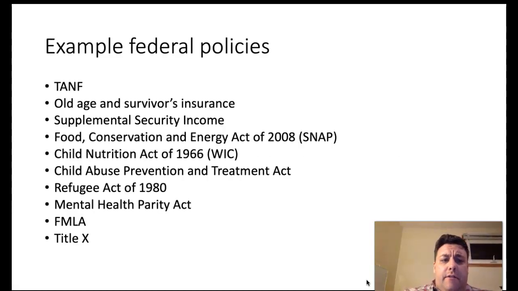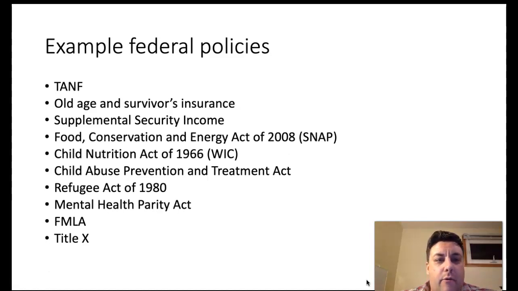So I've listed 8 or 10 example federal policies here. There are literally dozens and dozens of other policies that you could select from. In a second, we'll talk about how to think about selecting a policy. TANF is Temporary Assistance for Needy Families.